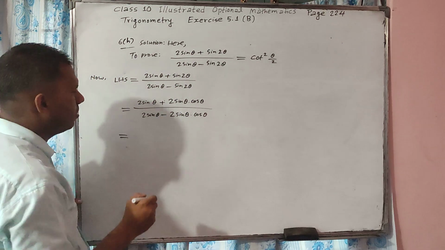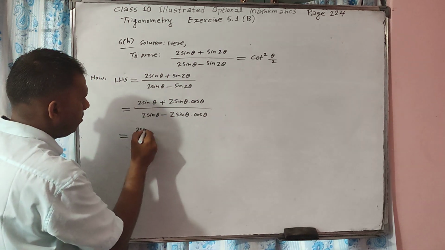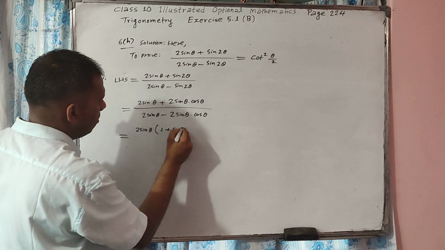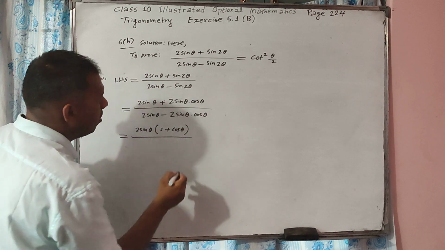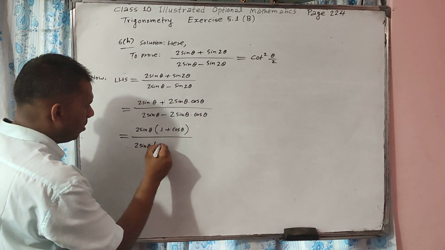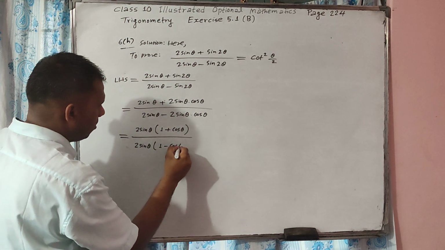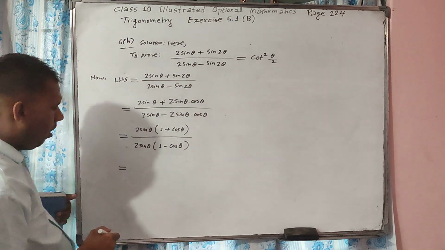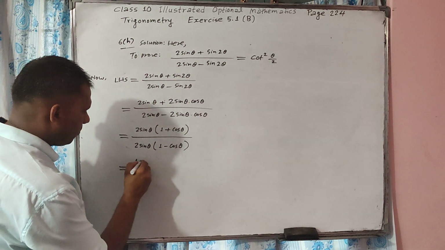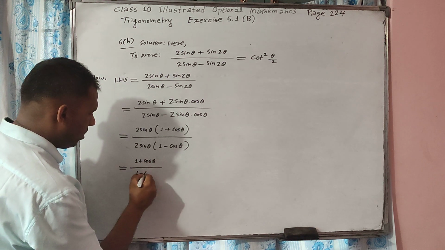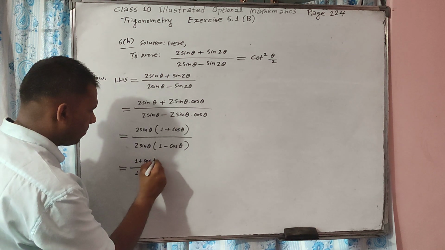On the numerator 2 sin theta common, remaining 1 plus cos theta. On the denominator 2 sin theta common, remaining 1 minus cos theta. 2 sin theta cancels out, remaining 1 plus cos theta whole upon 1 minus cos theta.